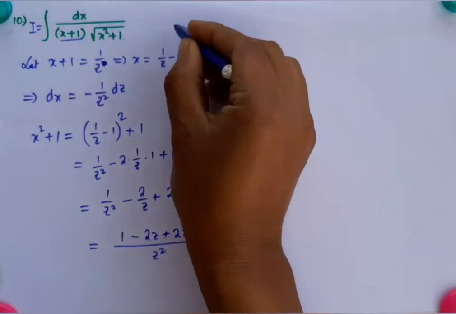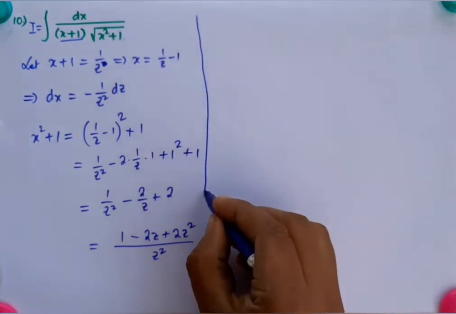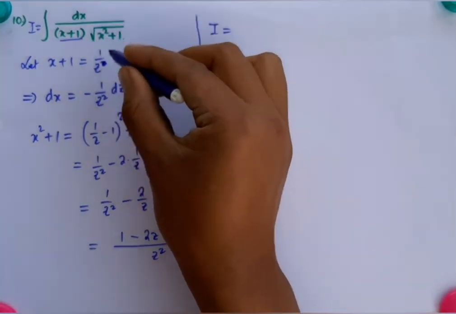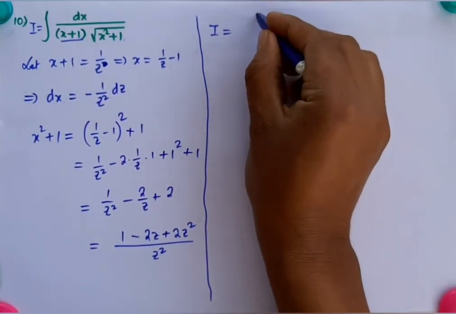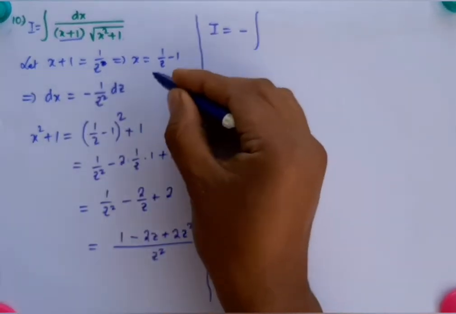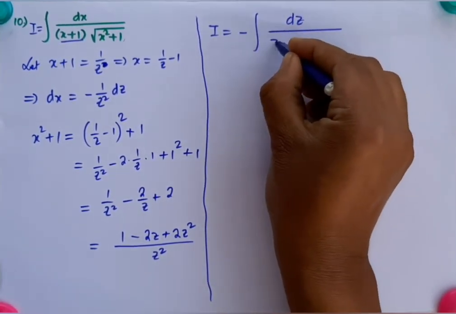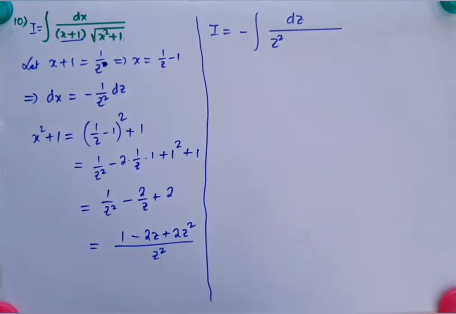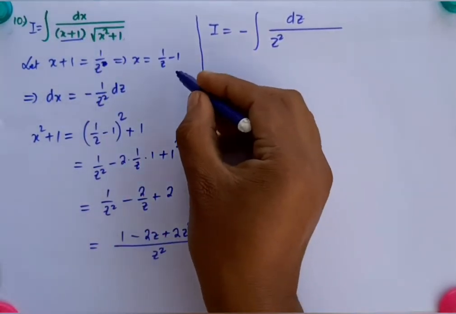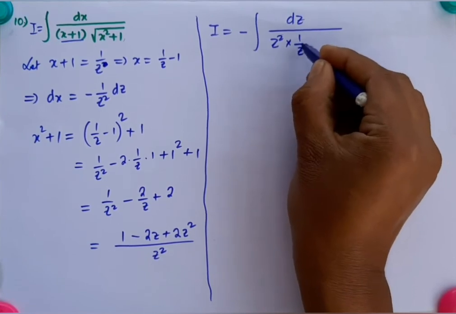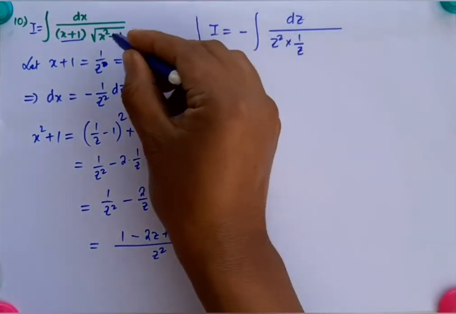Now let's go back to our integral. So therefore I will be, instead of dx I have to write, minus will be kept outside, so you have dz by z square instead of dx. What is x plus 1? x plus 1 is 1 by z, so I'll keep 1 by z here. This is in place of x plus 1.